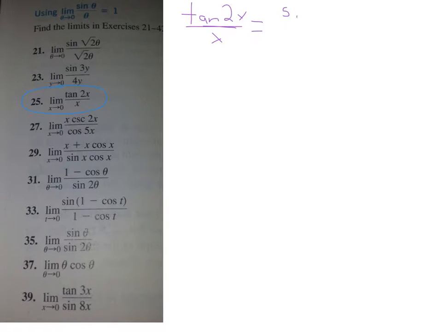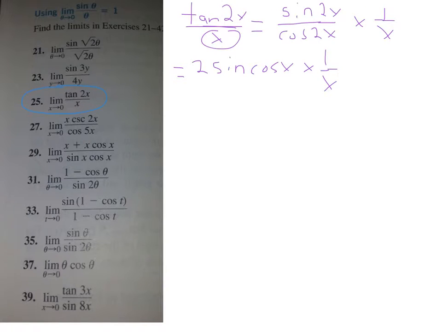So let's expand on that, and we'll use the same identity, and we'll write sine of 2x over cos of 2x. And the over x part, I can write as 1 over x multiplied by it. The sine of 2x is a double angle identity, 2 sine x cos x. Maybe we need that, maybe we don't.